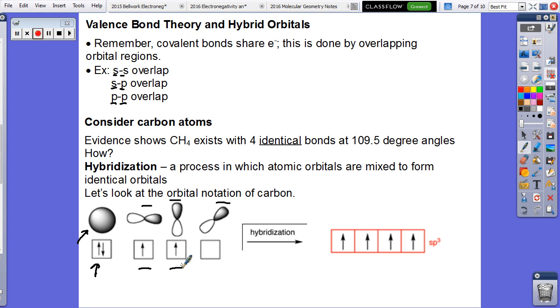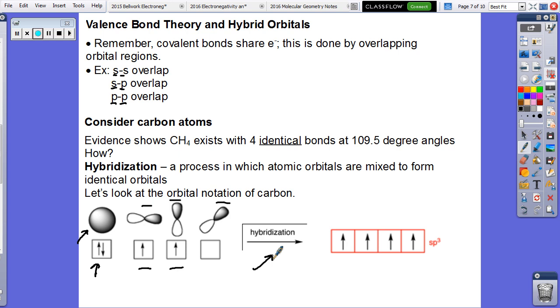So essentially carbon has 4 valence electrons that it's willing to share. However, the way they're set up in these individual orbitals when carbon is an atom makes it hard to see how that would be possible. So there's something that happens with these actual orbitals called hybridization.